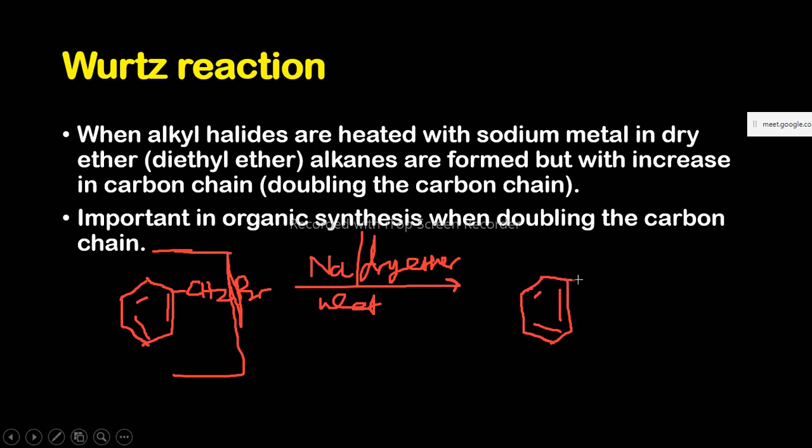Everything doubles, and it's like this, you see, CH2. So now from here, everything doubles, so we shall have another CH2. Okay? And then the benzene ring. Everything that side doubles. And it is as simple as that.